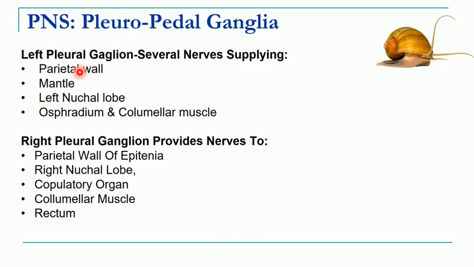From the left pleural ganglion, several nerves arise that supply the parietal wall of the body, mantle region, left nuchal lobe, osphradium and columellar muscles of the body. Similarly, the nerves arising from the right pleural ganglion supply the parietal wall of the epithenia, right nuchal lobe, copulatory organ, columellar muscle and rectum region.